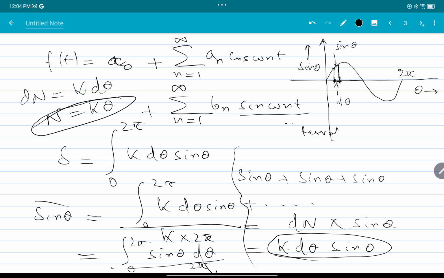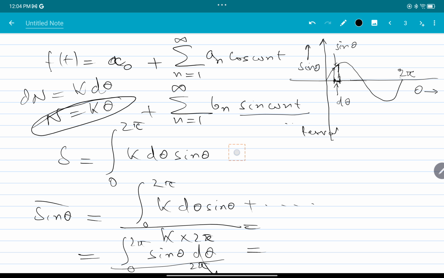We must have a look at this average value. How did we calculate it? This you can see. Average value of sine theta: how did we calculate it? We calculate it by the integral from 0 to 2 pi of sine theta d theta divided by 2 pi. Now how do we view it?